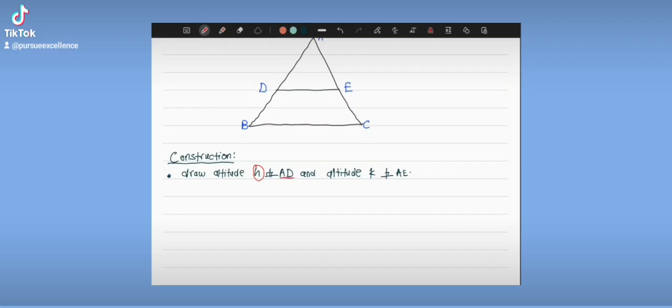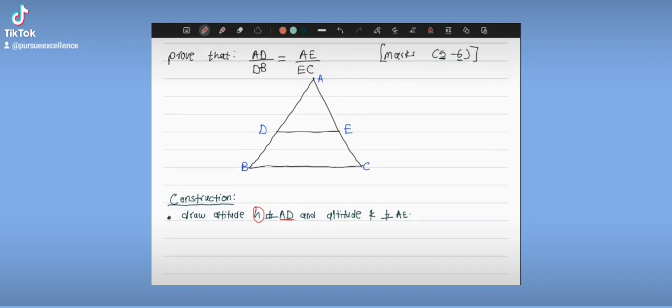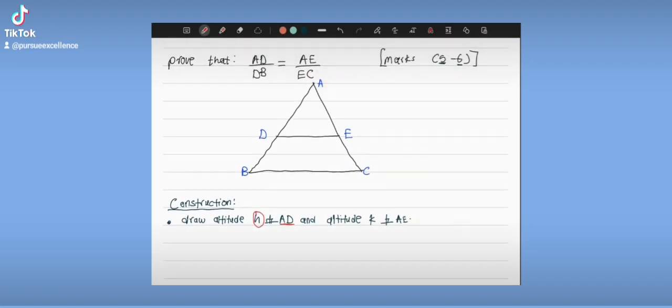Whatever I'm going to do now, I'm going to refer to this triangle ADE. So let me draw the altitude h that is perpendicular to the line AD. This is my line AD, from A to here.